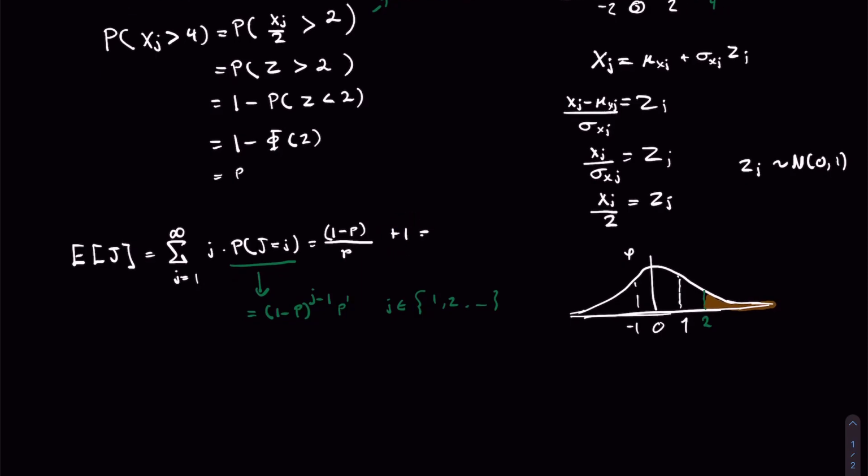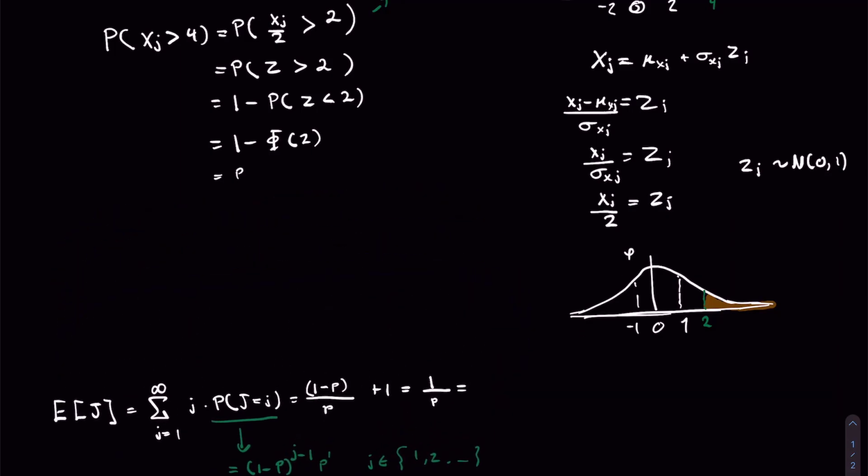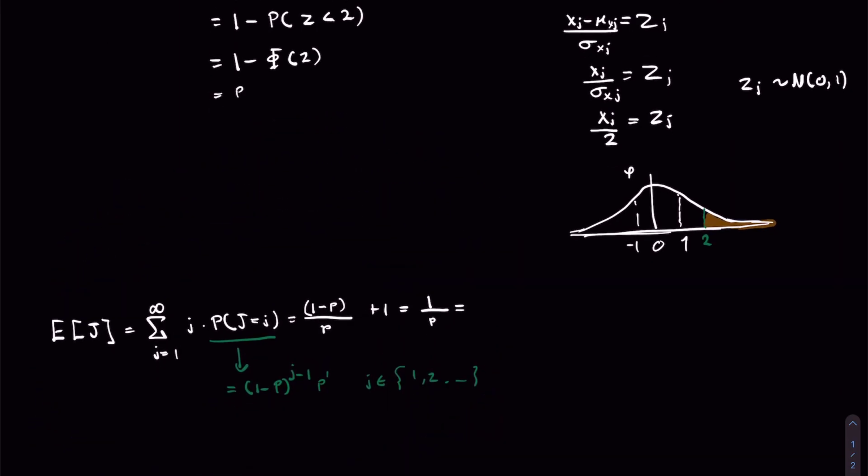And that is simply 1 divided by p, and we said that p is this term here, which gives us the desired expectation.